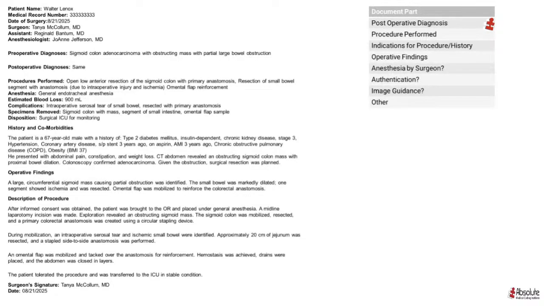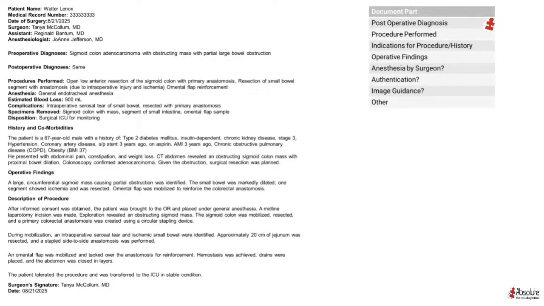Procedures performed: open low anterior resection of the sigmoid colon with primary anastomosis. Resection of small bowel segment with anastomosis due to intraoperative injury and ischemia. Omental flap reinforcement. Anesthesia, general endotracheal anesthesia.